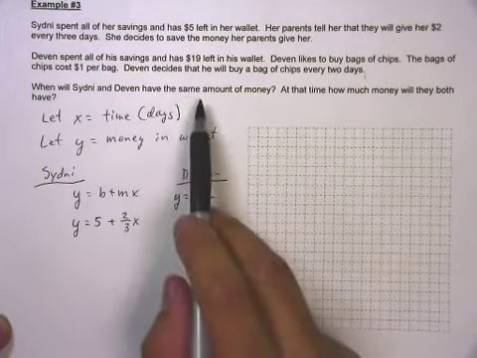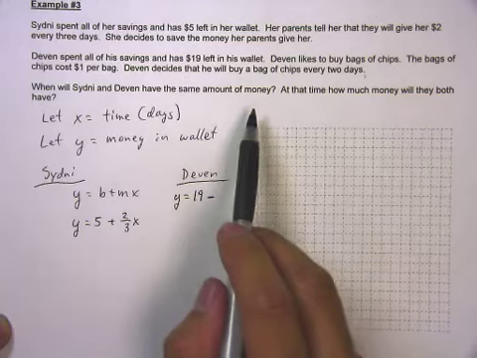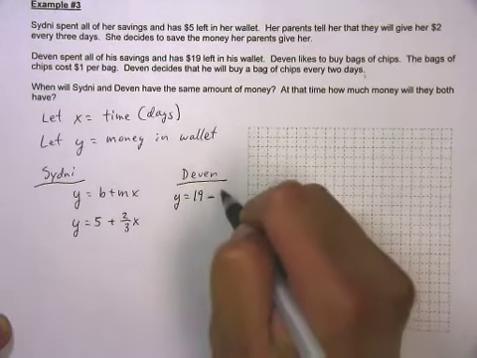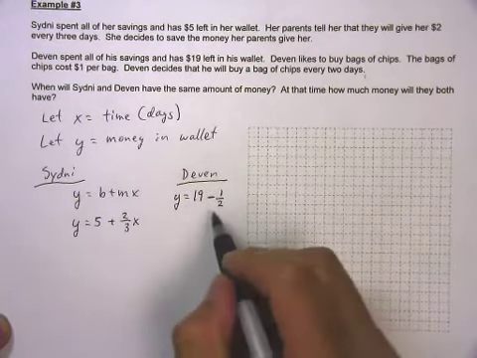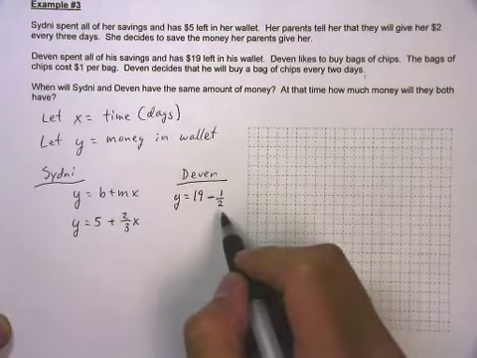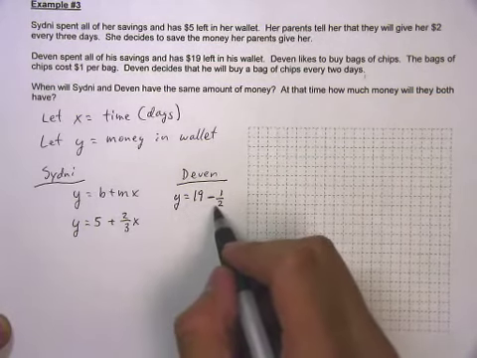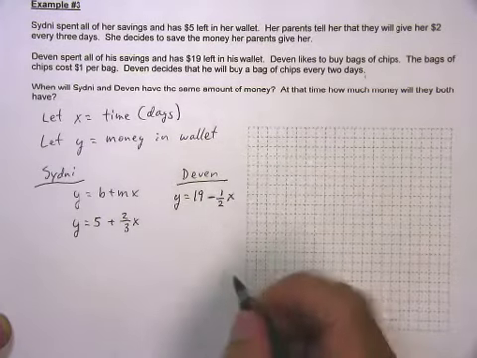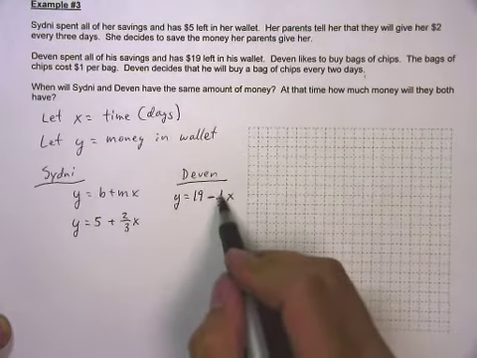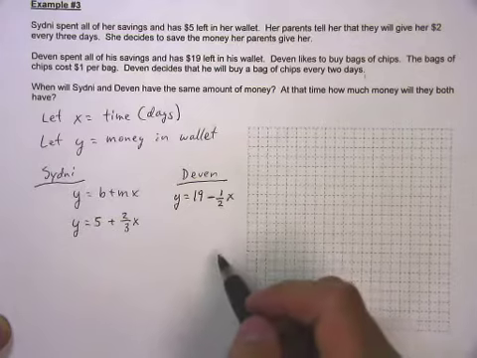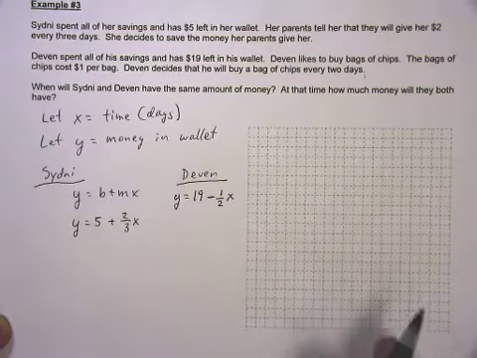He's going to buy a bag of chips every 2 days. So it's going to be subtracting $1 every 2 days. That's his rate of change. It's -1/2. So his equation is going to be $19 minus 1/2 times x, because he's losing $1 every 2 days. Okay, so these are our two equations. Let's graph it and find the solution.